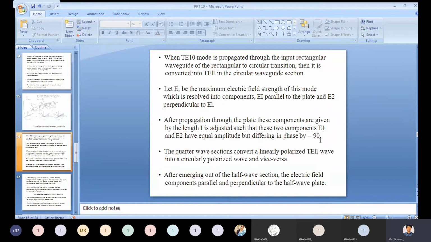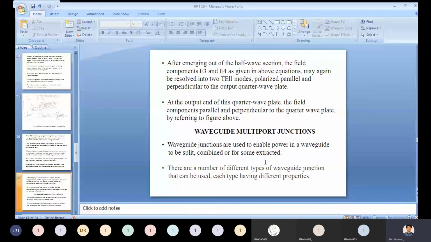The difference is 90 degrees. And the quarter wave section converts a linearly polarized TE11 wave into a circularly polarized wave and vice versa.